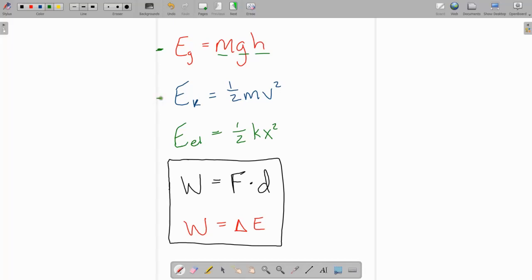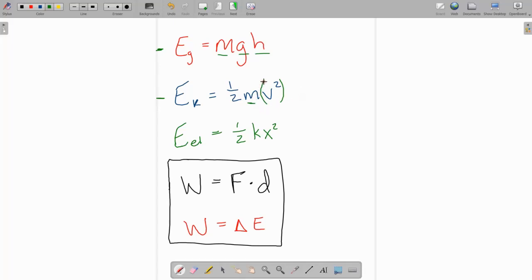Second equation here is for kinetic energy. I think that one is pretty obvious with the K right there. And that is equal to 1/2 times the object's mass times the velocity squared. And I want to be clear here, this is just squaring the velocity. It is not squaring the m, the mass, either.